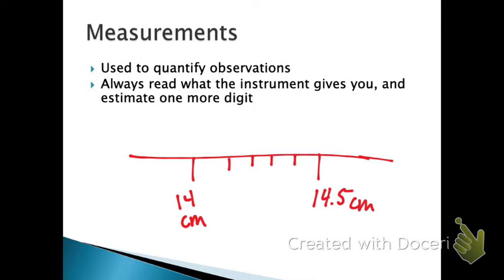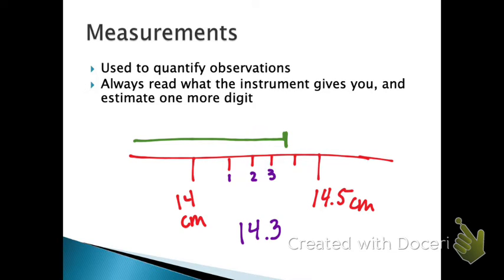And whatever I'm measuring happens to be that long. Okay, so as I come to measure, I'm going to read what the instrument gives us. So I know it's 14.1, 14.2, 14.3. I know it's at least 14.3 centimeters long. Would we agree with that?